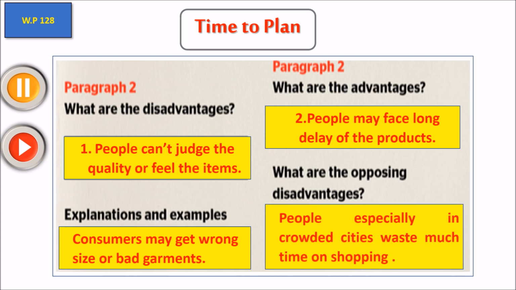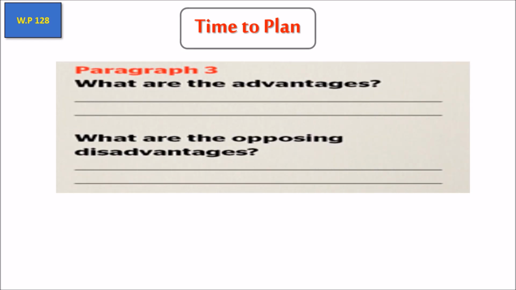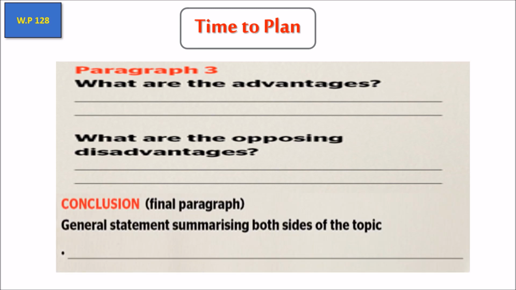And for the opposing disadvantages, people, especially in crowded cities, waste much time on normal shopping. Let's complete the planning process. On page 128 in the workbook, please complete paragraph 3 and the conclusion. Thank you.